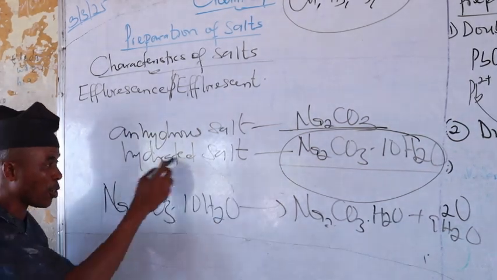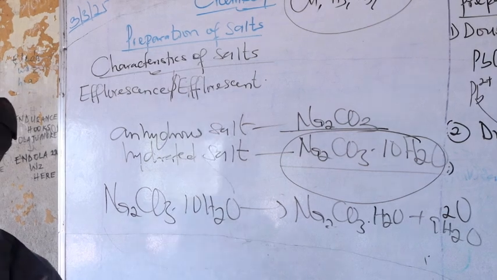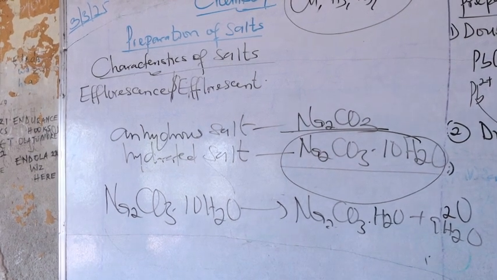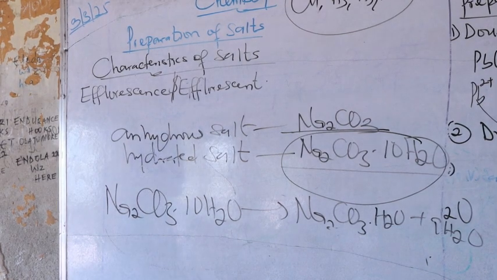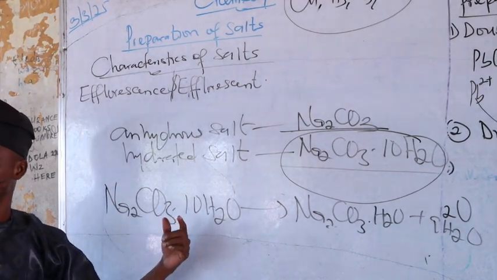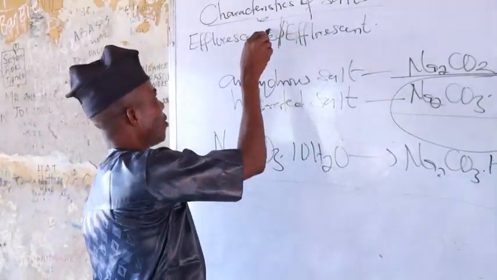But this salt itself is what? Efflorescent. So efflorescent is the salt which, when exposed to the atmosphere, loses part or all of its water of crystallization. But the process by which the salt, on exposure to the atmosphere, loses part or all of its water of crystallization is called efflorescence.